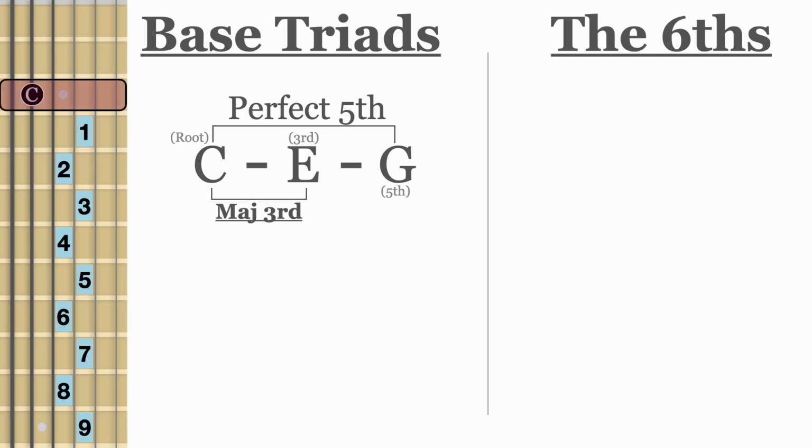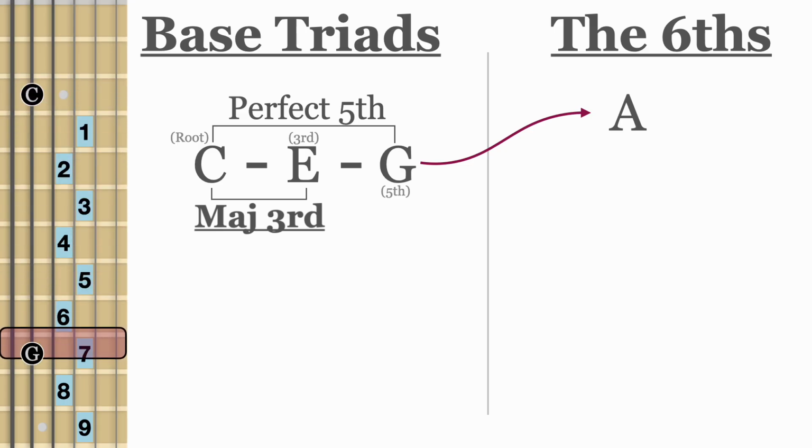So with that being said, right now we're looking at our C major triad, right? And we've got our major third and a perfect fifth. Now, if we're going to add in our sixth, in this case which is an A, we need to be paying attention to the distance from our perfect fifth, in this case G, to that sixth. If we look back over at our fretboard, obviously our G is 7 frets up or 7 semitones.